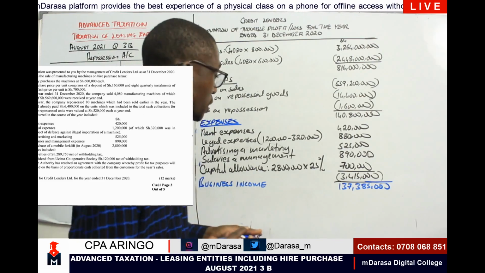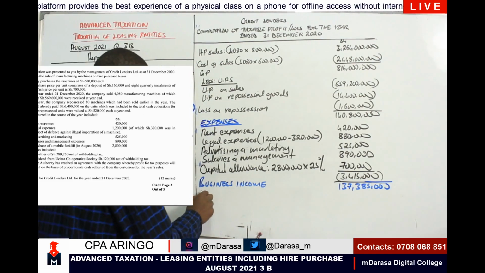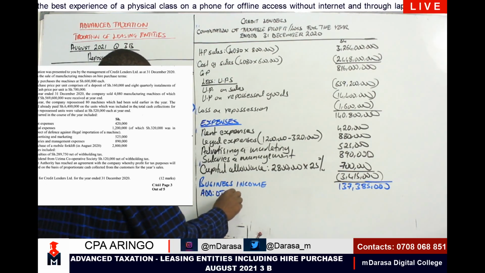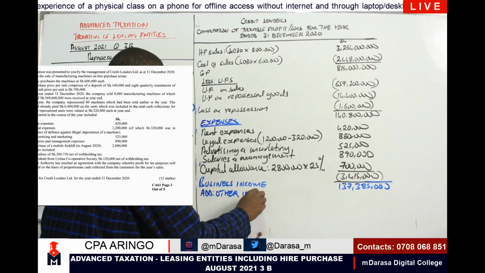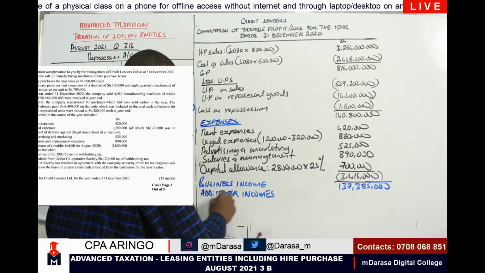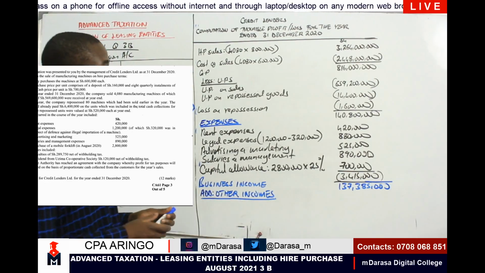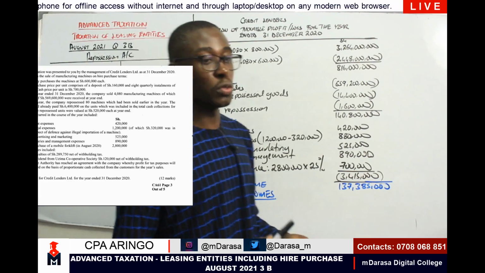After that point, we need to add other incomes. To add our other incomes, what will we be considering?